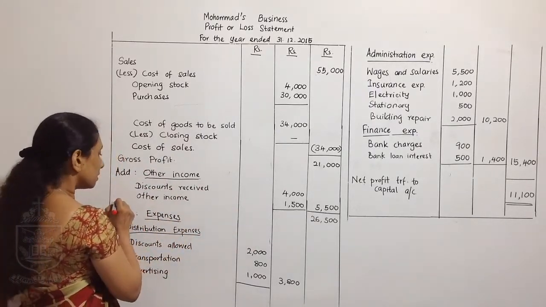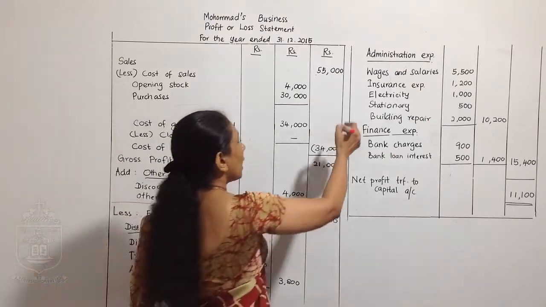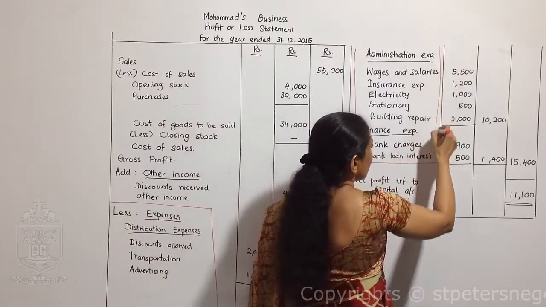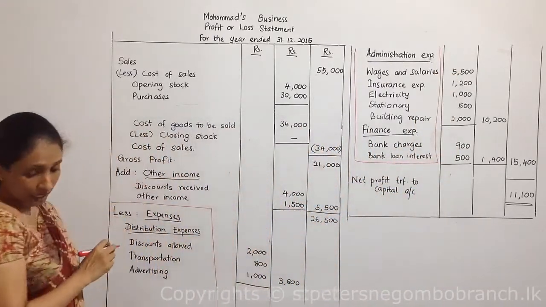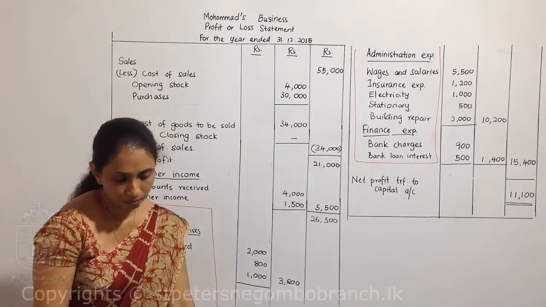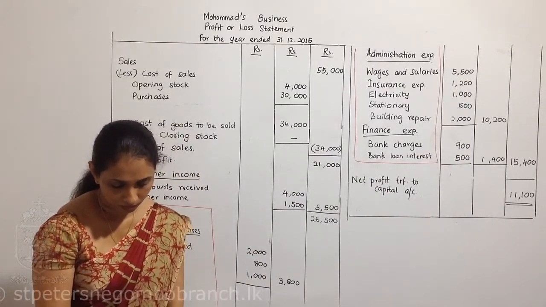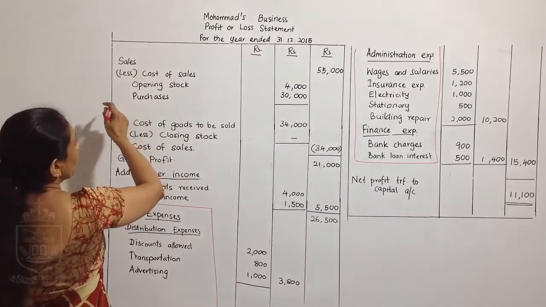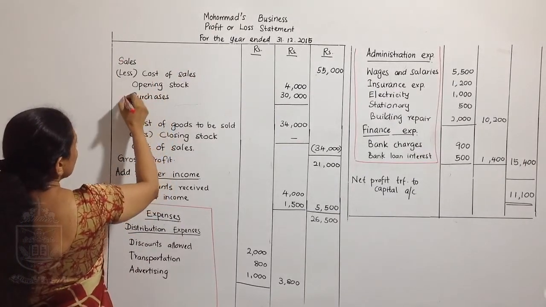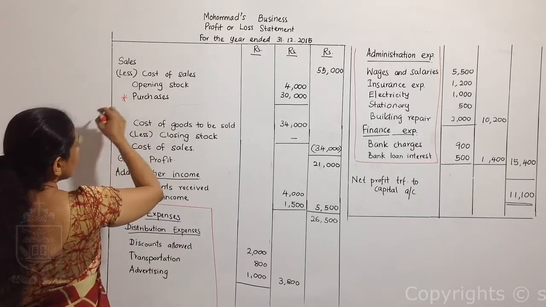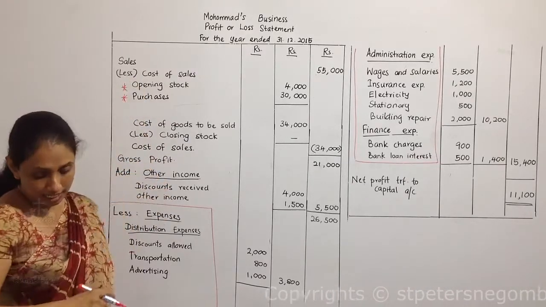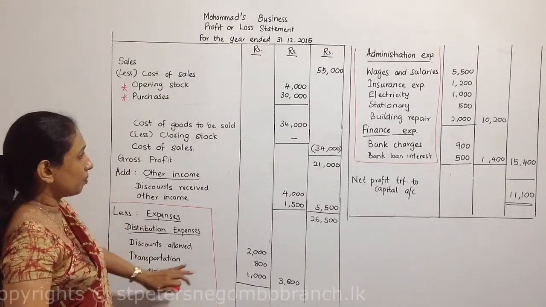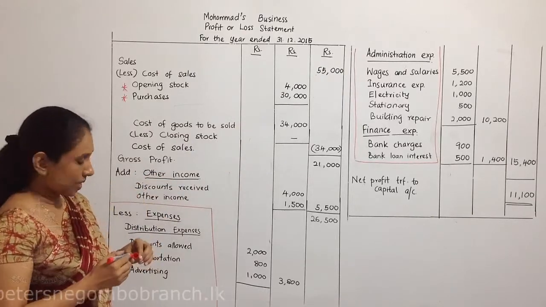As you know, from this section onwards, you have all the expenses, right? Plus from the top part, purchases will be an expense, opening stock will again be taken as an expense. So these items have been identified as expenses.